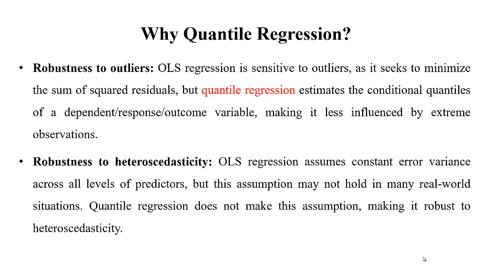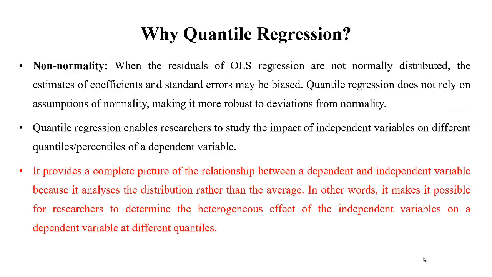So when you notice that there is a problem with your heteroscedasticity results, then the best method to use is quantile regression, because it does not make the assumption of constant error variance.